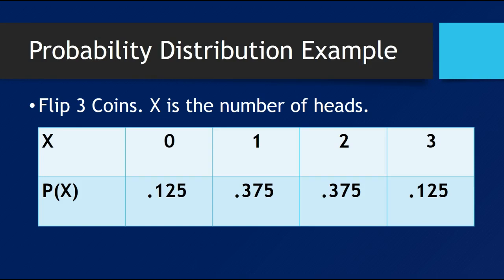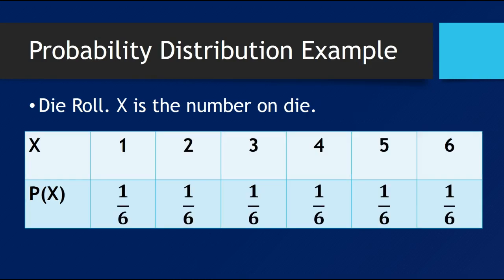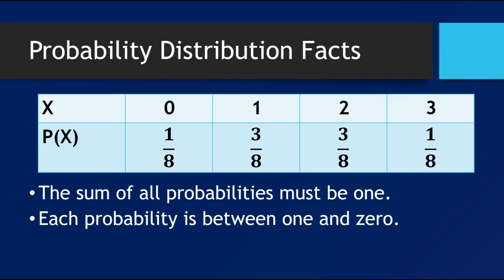And the probabilities add up to 1. Each one individually is between 0 and 1, and then collectively they add up to 1. Here, 1/6 6 times, yeah, that adds up to 1, and then each one individually is between 0 and 1. So we can use these two facts to tell if something is a legitimate probability distribution.